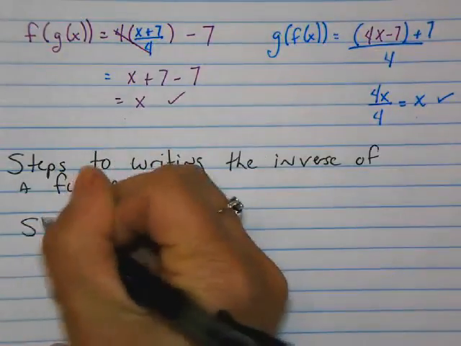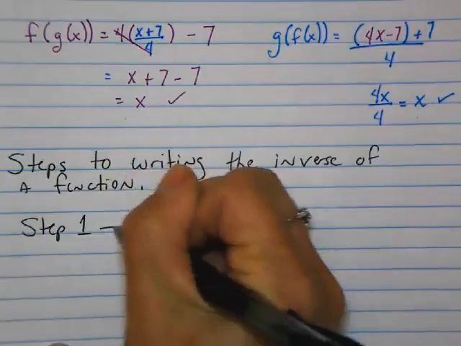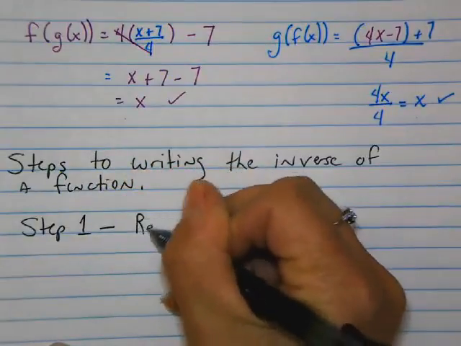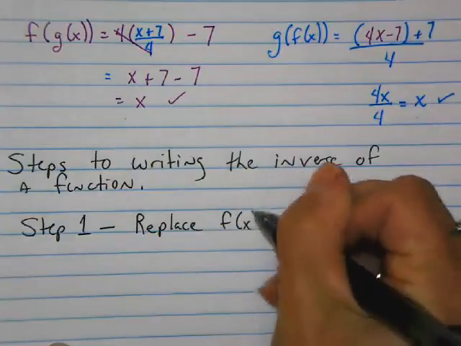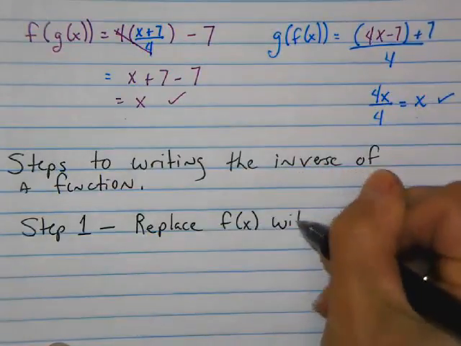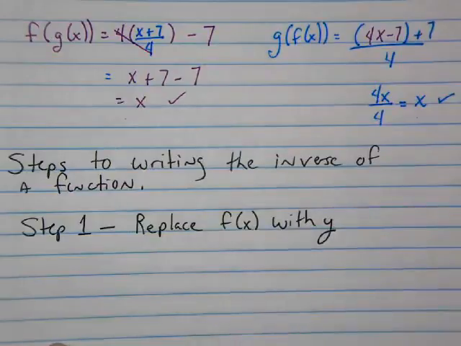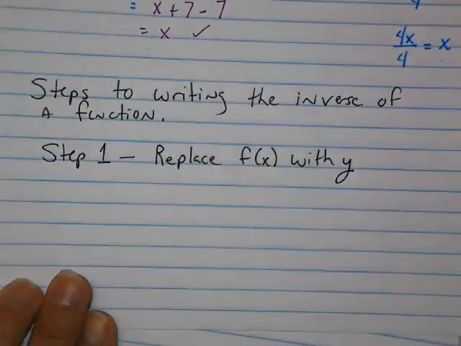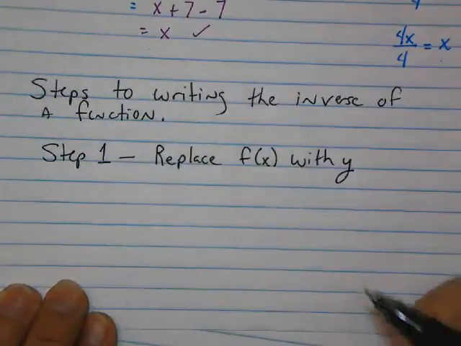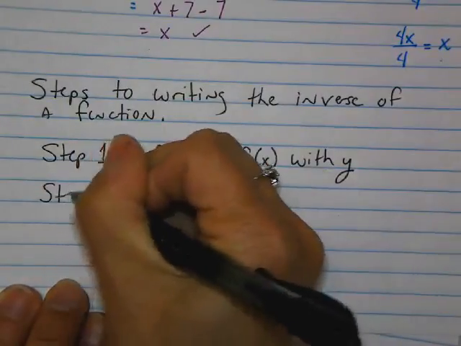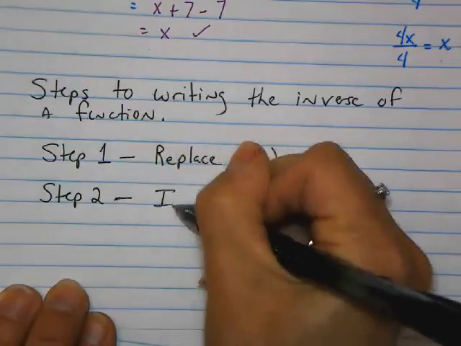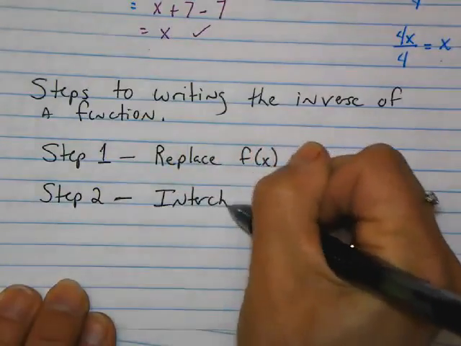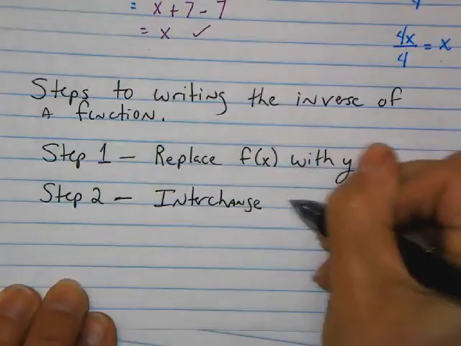Alright, step 1. Replace f of x with y. And I'm going to go through the steps here. You're just going to write them down, and then I'll walk you through an example with it. Step 2. Interchange x and y.